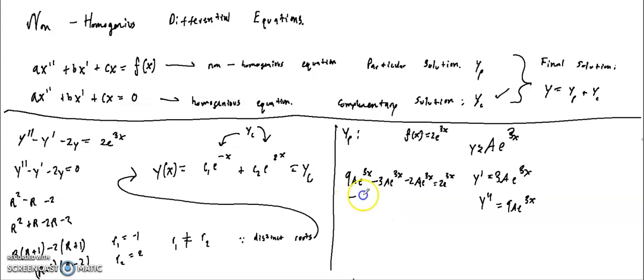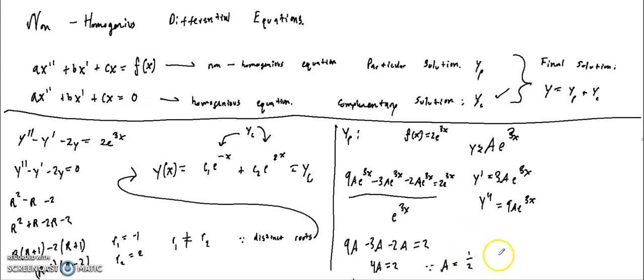And we can just divide this all by e to the 3x. We get 9a minus 3a minus 2a equals 2. So we get 4a equals 2. Therefore, a equals 1/2.